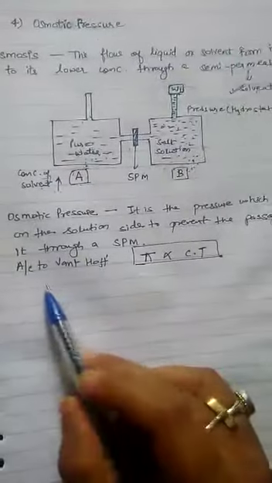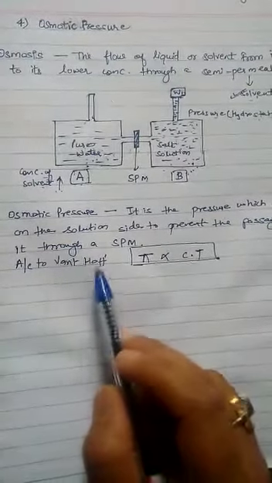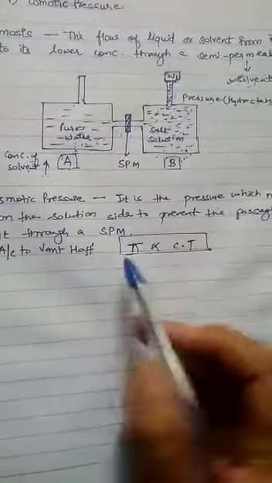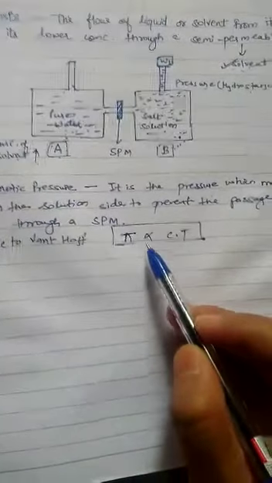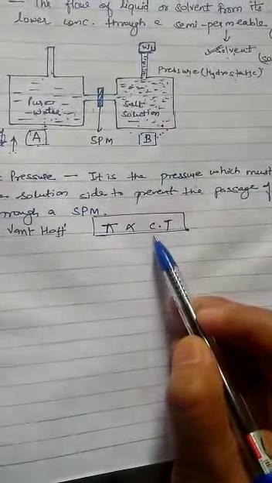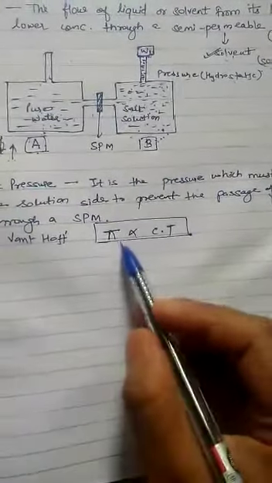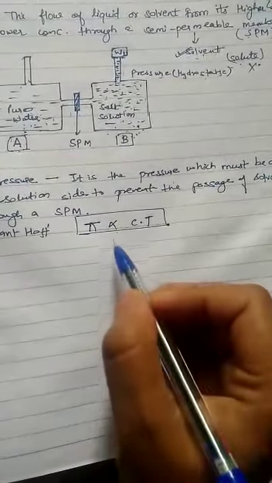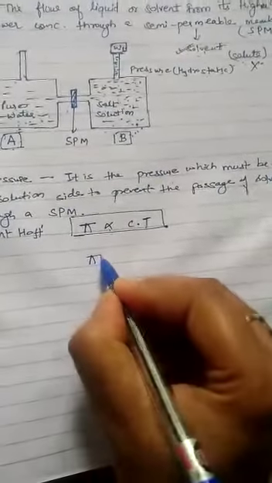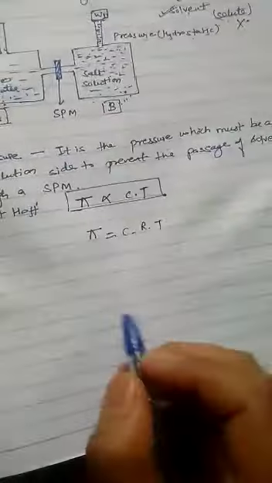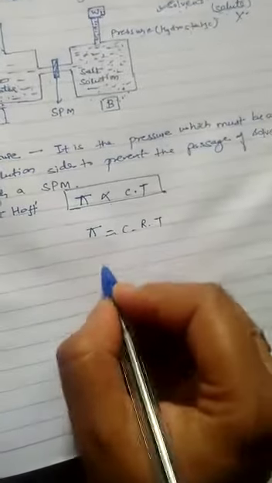There was a scientist, Van 't Hoff, who explained this osmotic pressure. According to Van 't Hoff, osmotic pressure π is directly proportional to concentration and temperature, and when this proportionality constant R is introduced, we can write π = CRT.